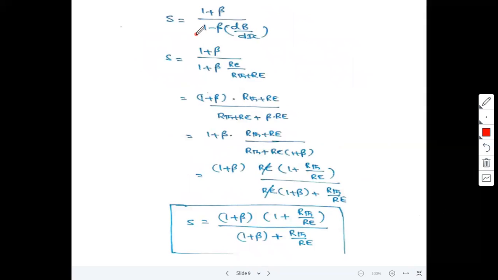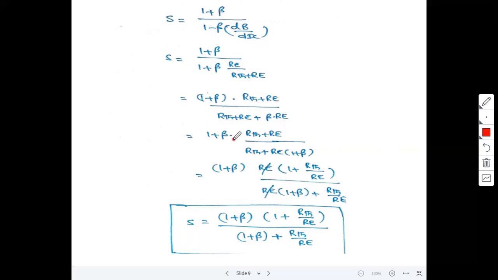Now S is equal to the stability factor, S is equal to 1 plus beta by 1 minus beta into DIB by DIC. So S is equal to 1 plus beta by 1 plus beta into, minus minus plus, 1 plus beta into RE by R Thevenin plus RE. Now simplify this. That is equal to 1 plus beta into R Thevenin plus RE by R Thevenin plus RE plus beta into RE.